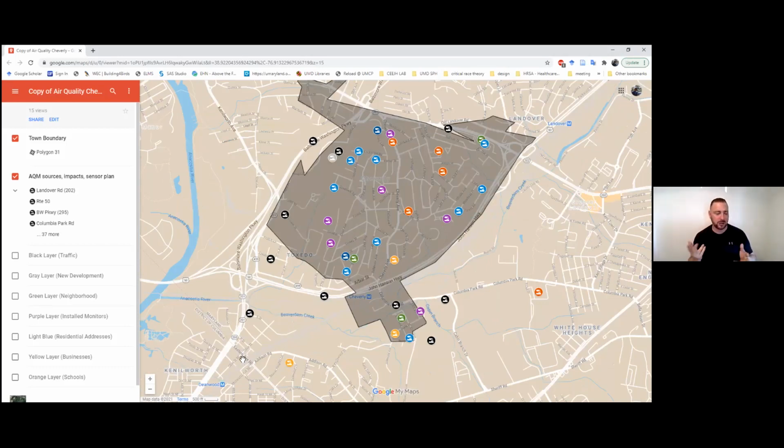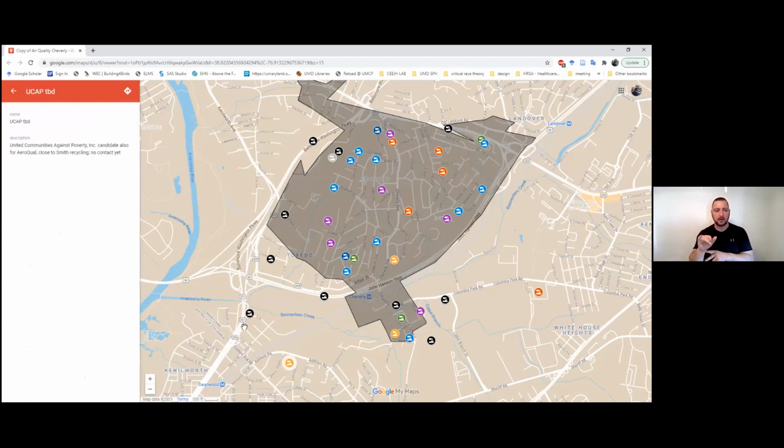So we're reaching out to communities nearby to put monitors, particularly UCAP Ministries, or Community Against Poverty Incorporated, a nonprofit, to set up proximal monitoring around that area. So that's a hard nut to crack, but originally that was the impetus for embarking on this project. So we're going to figure it out.